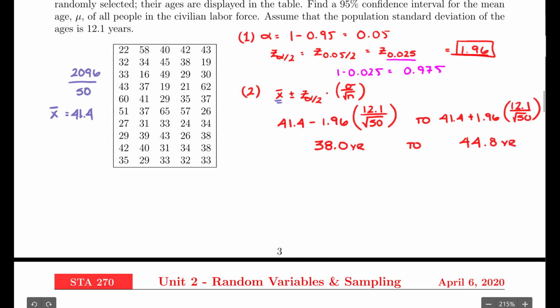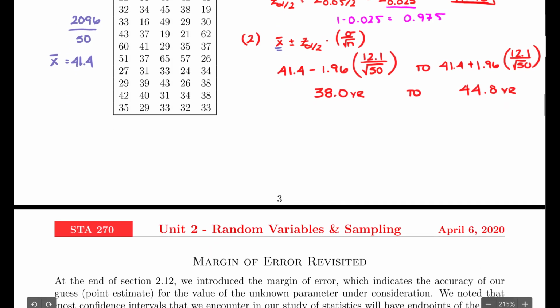So step 3 of the process just says to interpret the confidence interval. What we're saying here is that we can be 95% confident that the population mean age lies between 38 and 44.8 years of age for the population of the civilian labor force.